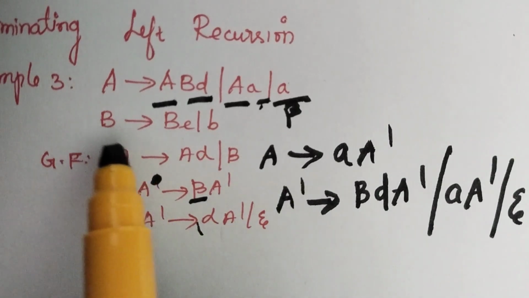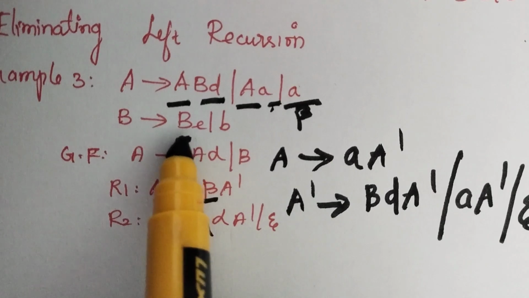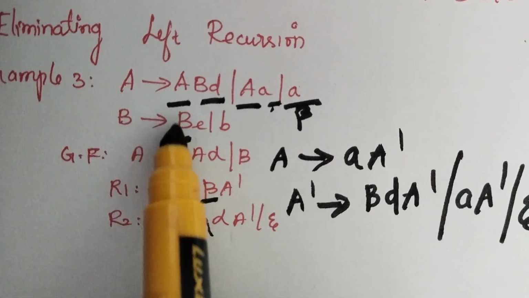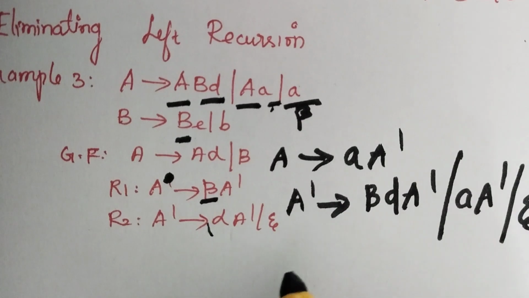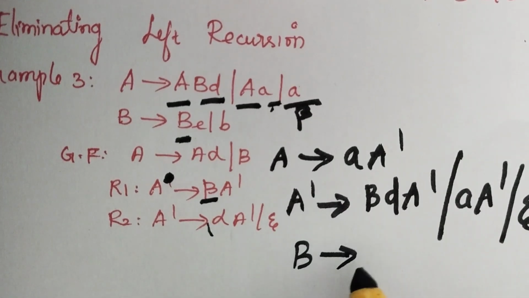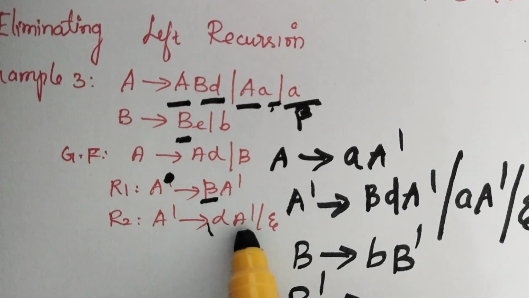Then similarly for the second production, here we have only one non-terminal appearing on the right hand side, that is B produces Be, which is having the left recursion, and this is your beta. The same way we can apply this, that is capital B produces beta. What is our beta? Terminal b is our beta, followed by B dash. Then rule 2, B dash produces alpha B dash.